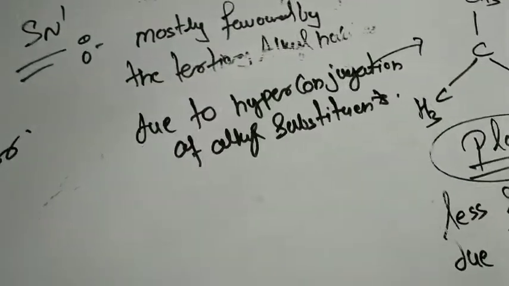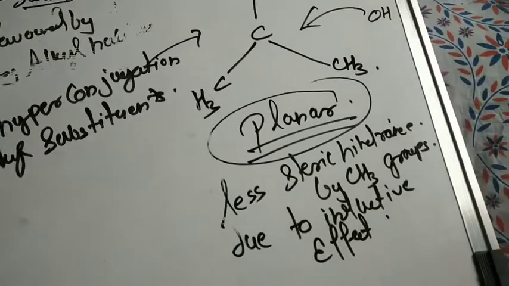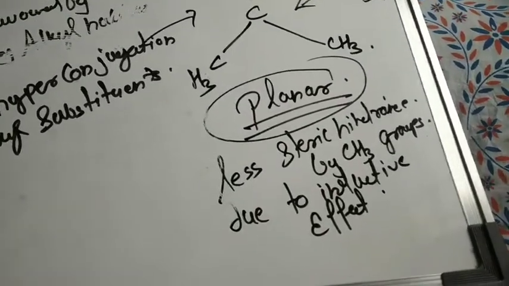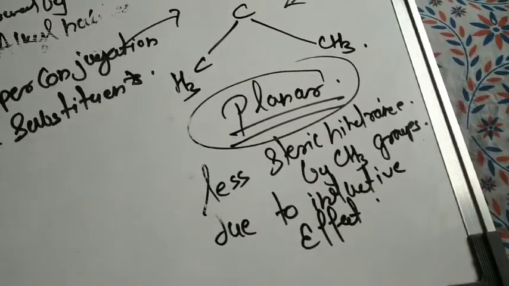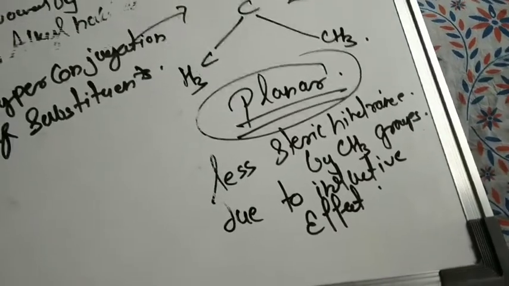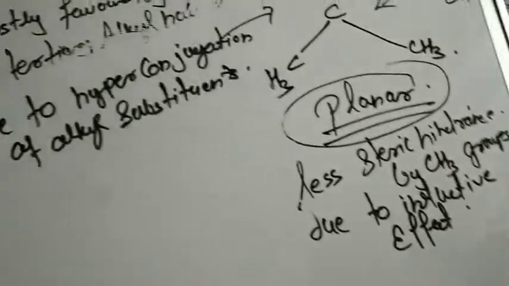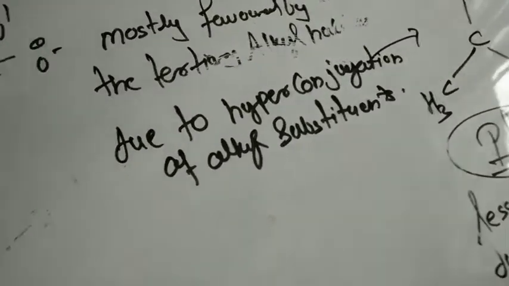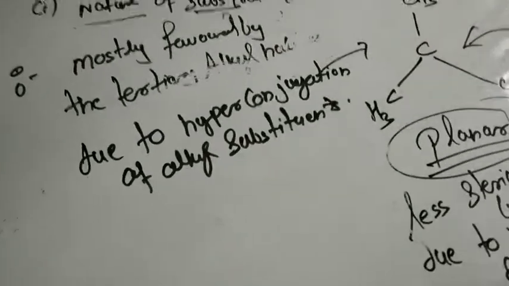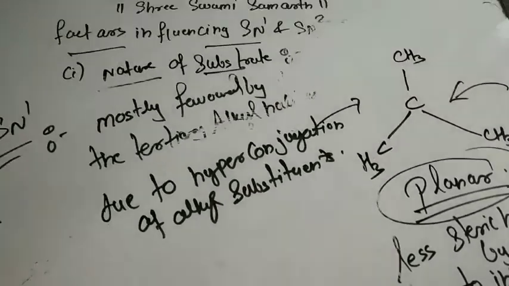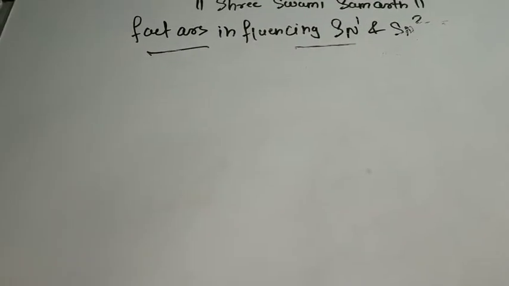So these are the factors, right? What are the factors? Due to a planar configuration, there is less steric hindrance by the methyl groups, and then due to the inductive effect and the hyperconjugation of the alkyl substituents, right? So I hope that you have understood the first factor, that is the nature of the substrate.